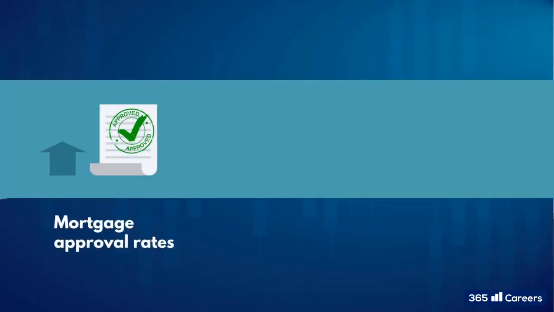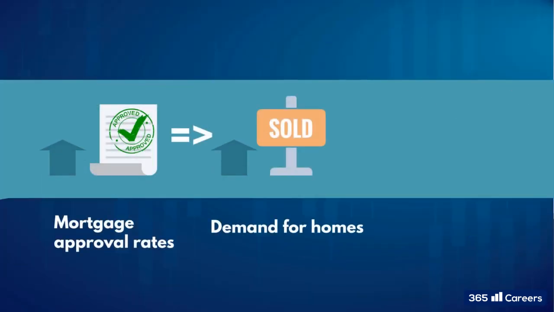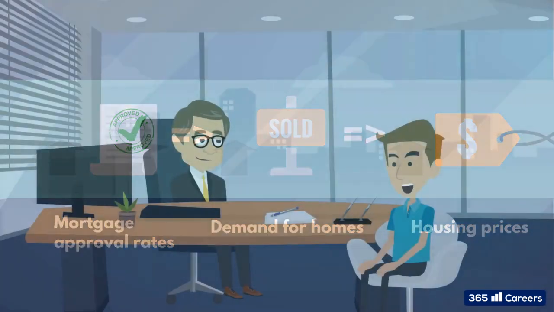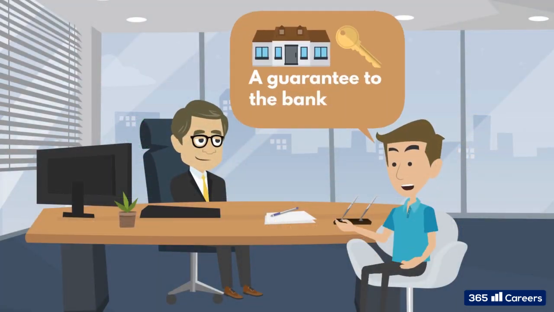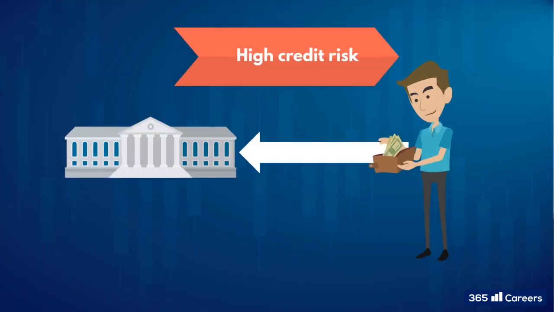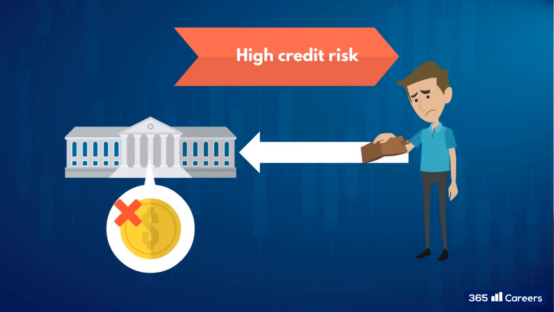High mortgage approval rates increased the demand for homes, which, in turn, led to an increase in housing prices. Because the value of homes had increased, many homeowners borrowed money and used their homes as a guarantee to the bank. However, a lot of them were with relatively high credit risk, subprime, and, at some point, could not continue repaying their debt and defaulted.